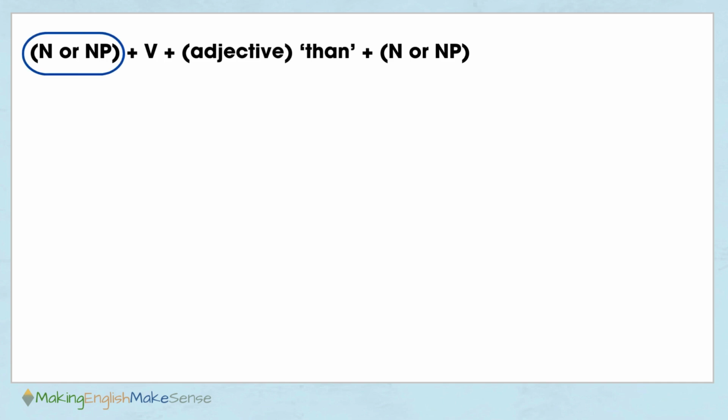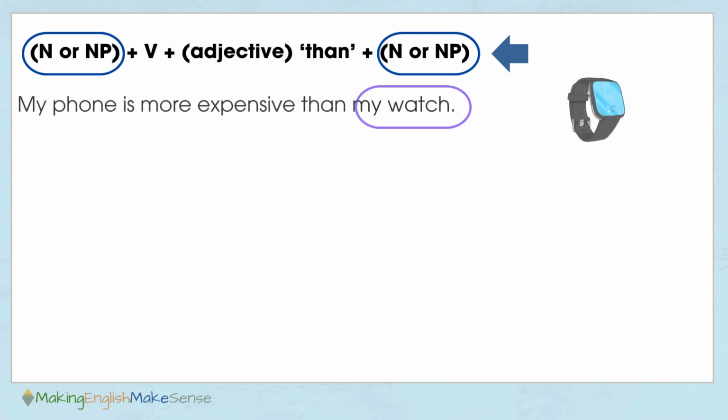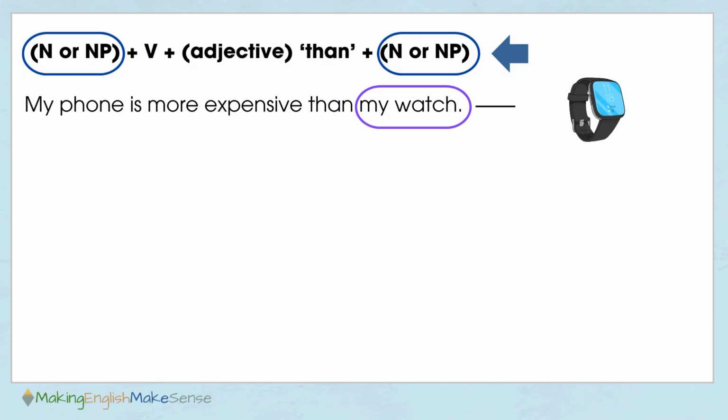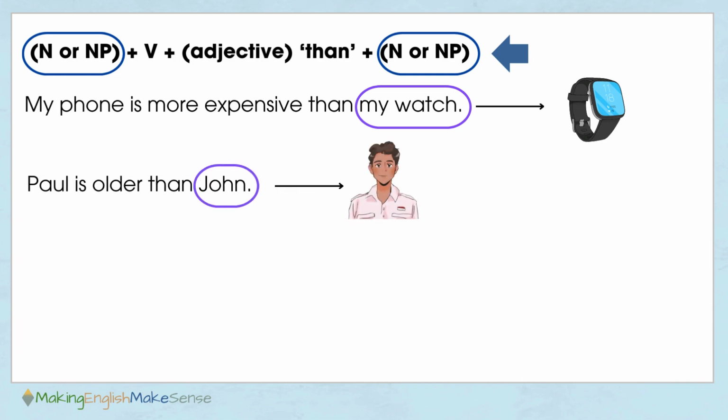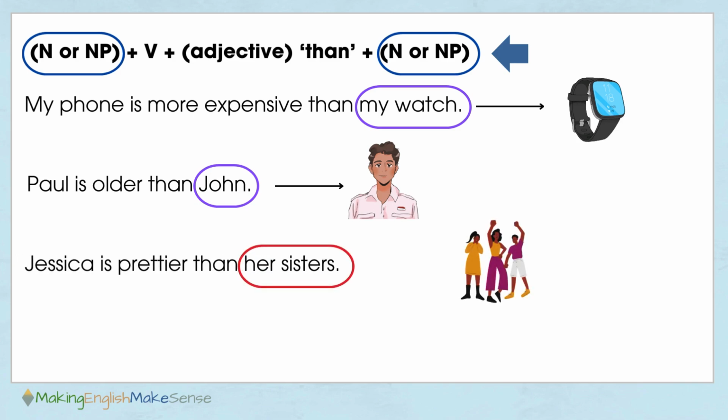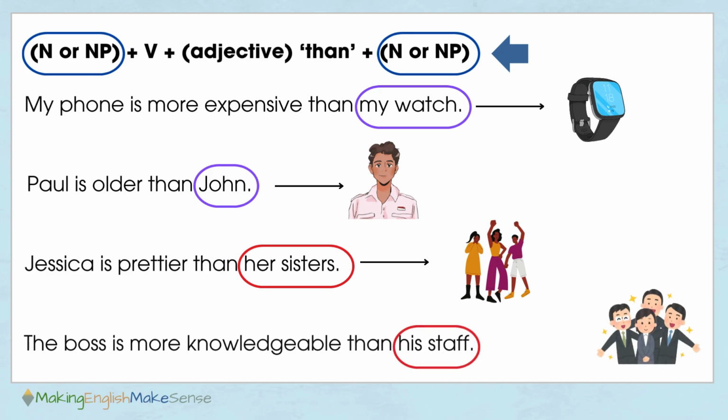The first noun is being compared to the second noun, and that second noun can represent a single individual person, thing, or object, such as my phone is more expensive than my watch, or Paul is older than John, or it can represent a group of individual people, things, or objects, such as Jessica is prettier than her sisters, or the boss is more knowledgeable than his staff of employees.